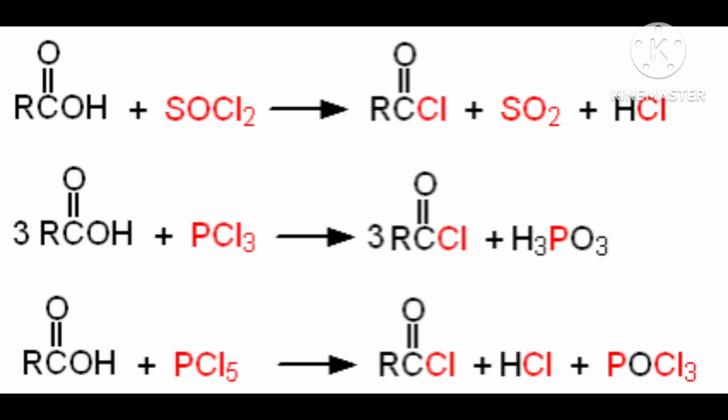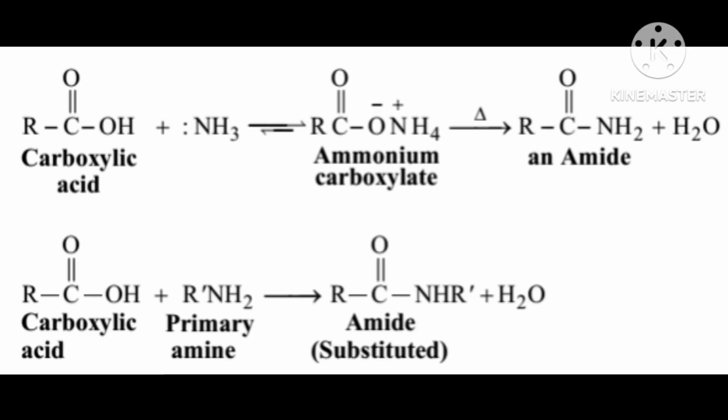It will go out. Correct? Because these bonds are unstable. These molecules are unstable. The ammonium salt is unstable. Quickly 2 hydrogens from the ammonium ion and 1 oxygen from the COO will go as water, H2O. This will happen on heating, not simply.